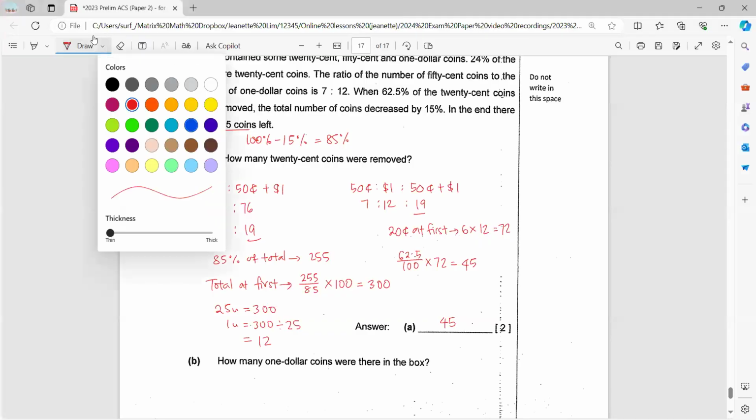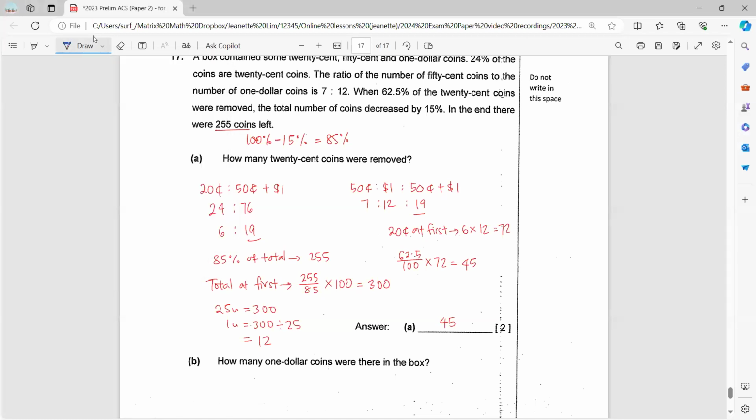Okay. Actually, there might have been an easier way. When the total number of coins decreased by 15%, and this is 85%, we technically just have to find 15%. From this step, this is an alternative method.